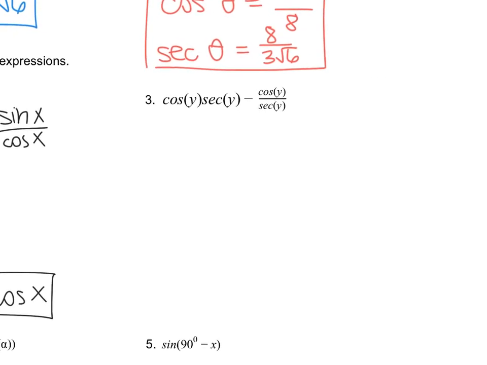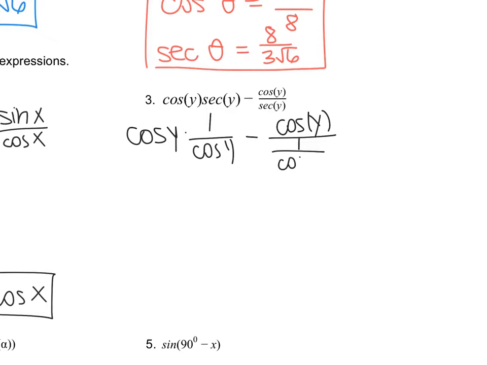Okay. So next we're going to simplify cosine of y secant of y minus cosine of y over secant of y. So first step, rewrite in terms of sine and cosine. So we're going to leave cosine of y times 1 over cosine of y minus cosine of y divided by 1 over cosine of y.